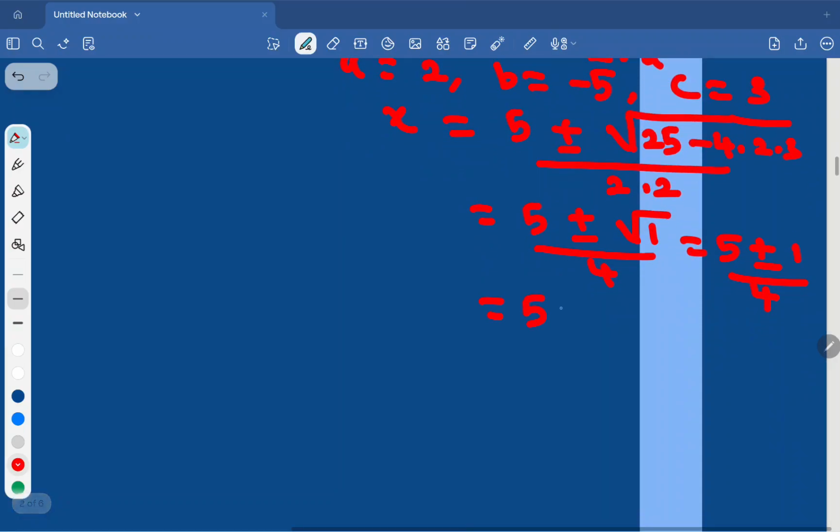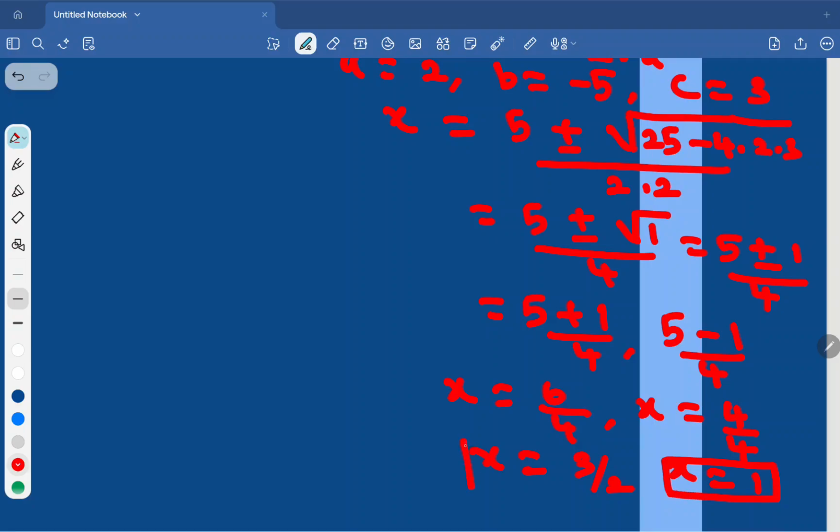One value is 5 plus 1 by 4, another value is 5 minus 1 by 4. Therefore, x equal to 6 by 4, x equal to 4 by 4. If you simplify, x is 3 by 2 and x is 1. By applying the formula we get the same answer, x is 3 by 2 and x is 1.